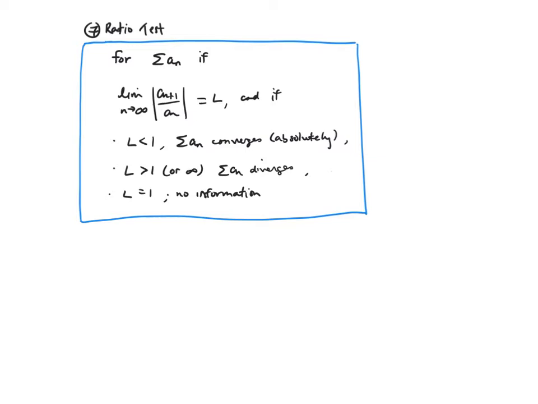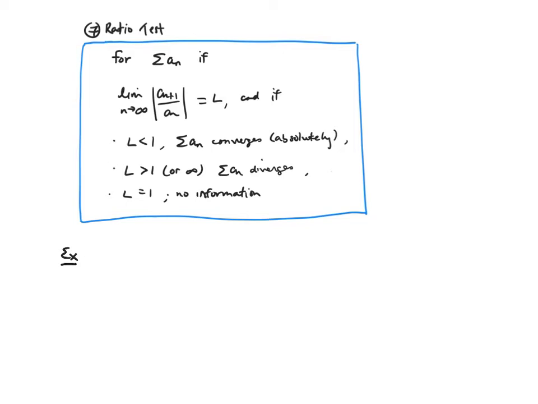So let's try it on another example. I mentioned last time that the real wheelhouse of the ratio test is power functions, like 2 to the n, 5 to the n, whatever, and also factorials. Factorials grow very, very quickly, and we saw last class that they in fact dominate power functions as you go off to infinity.